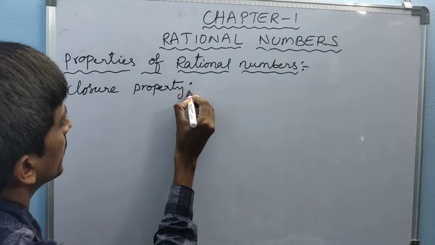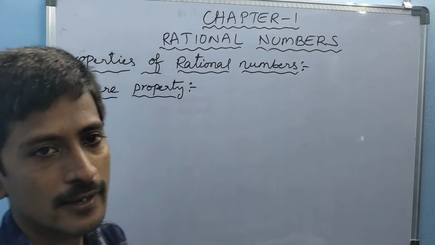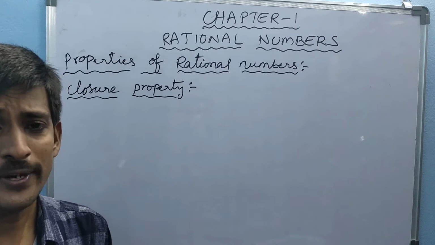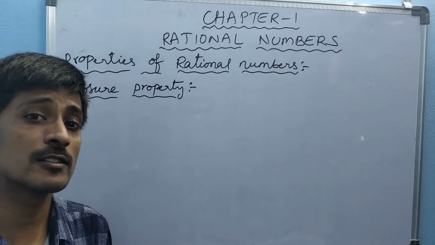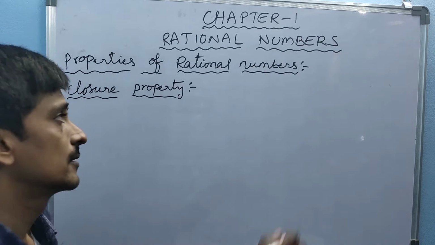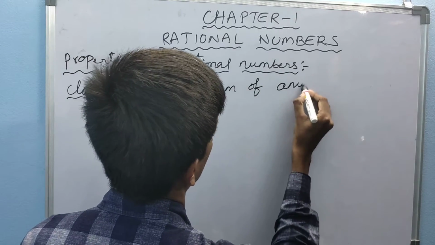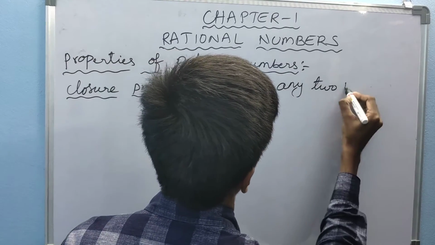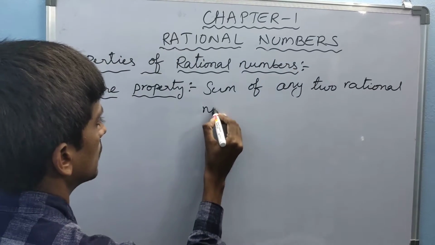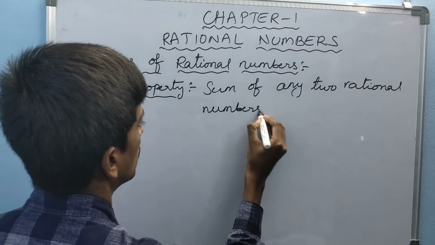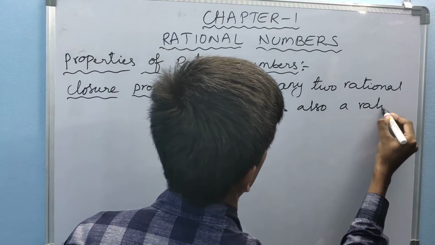What is the closure property? What is the definition of the closure property? Closure property means the sum of any two rational numbers is also a rational number.